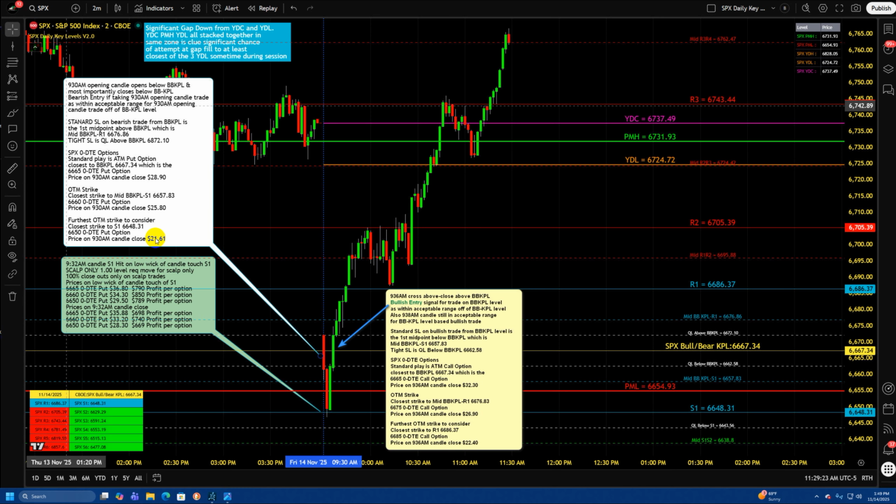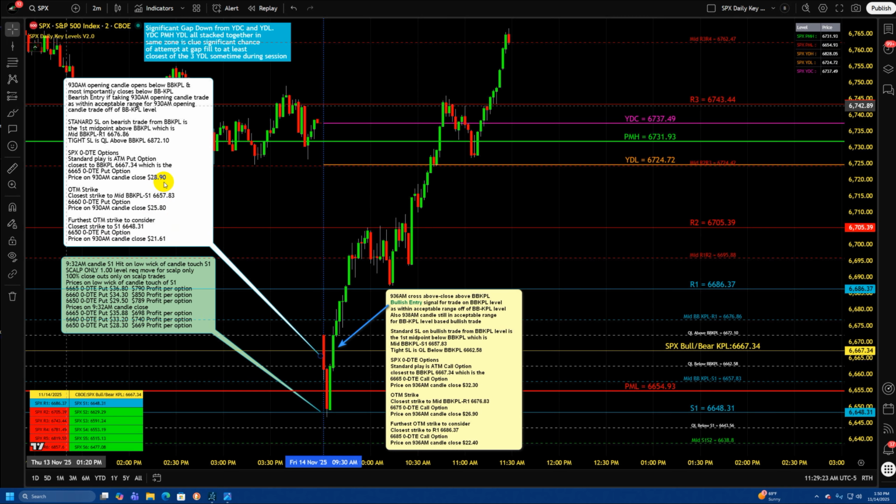So in the case of this one, for example, 21.61, you multiply that times 100, and so your cost of one of the 6650 0DTE put options is $2,161. This one would be $2,580, and this one would be $2,890.